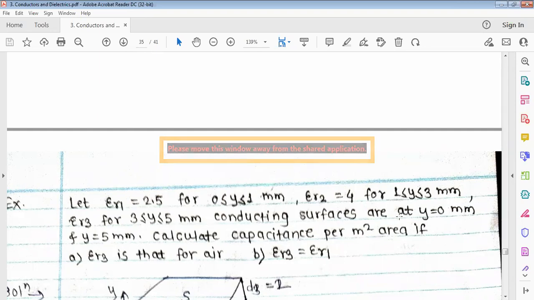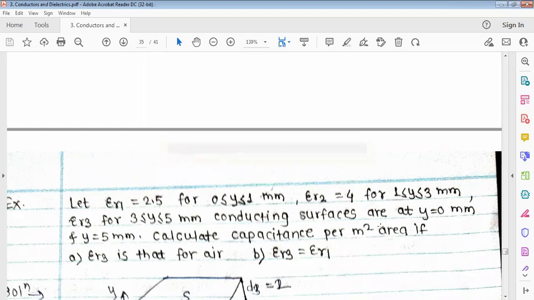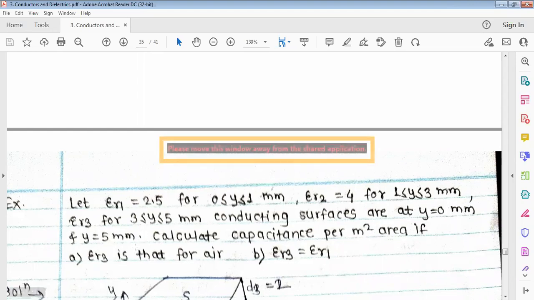Conducting surfaces are at y equal to 0 mm and y equal to 5 mm. So here the 3 layers are in between y equal to 0 and y equal to 5. Calculate the capacitance per meter square area.